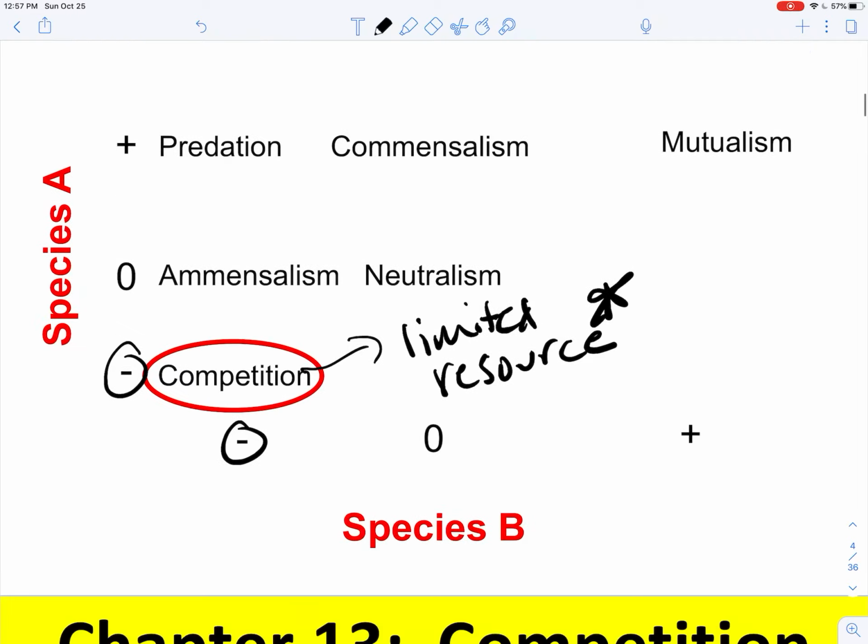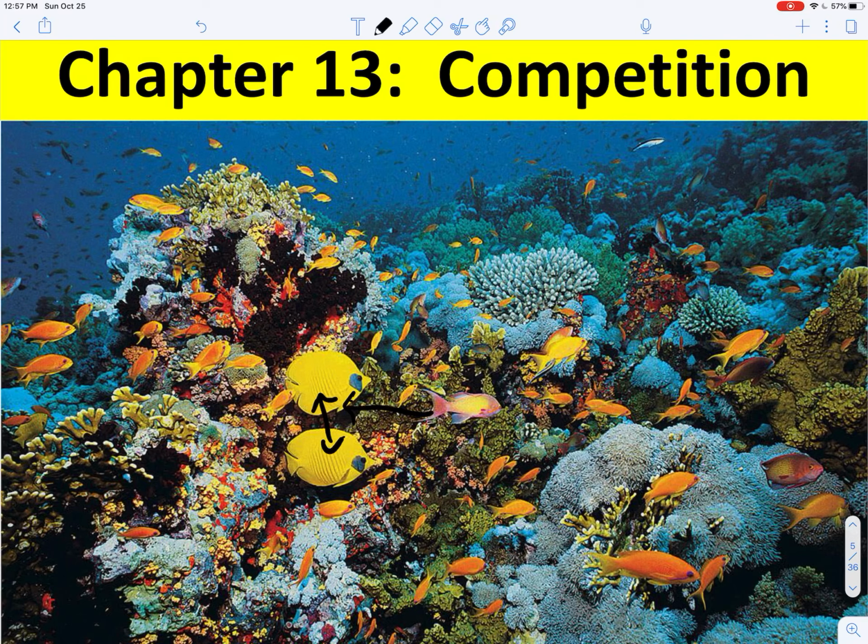As you look at this coral reef environment, you may be able to envision a lot of different types of competitive interactions that are occurring. Sometimes between the same species, and sometimes among different species. We'll define those two different types of competitive interactions in a little bit today.